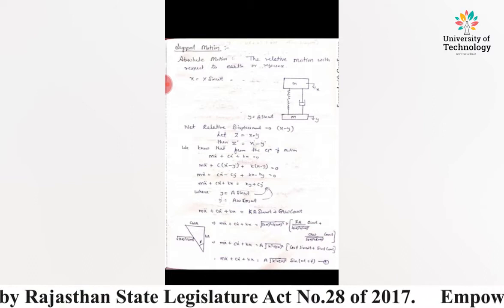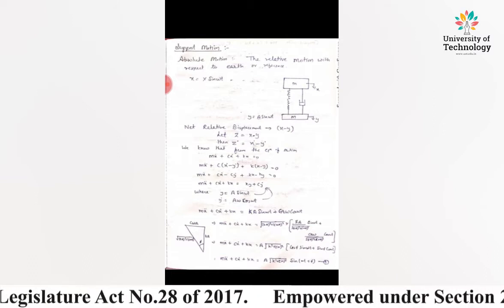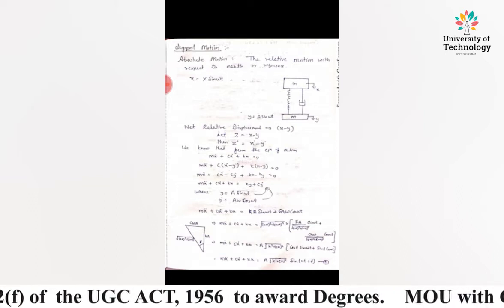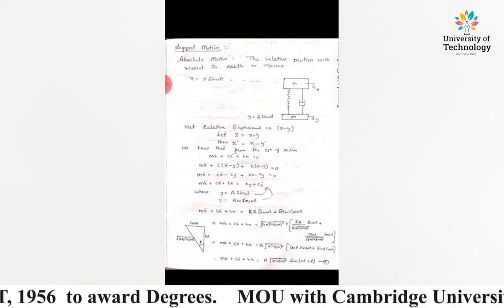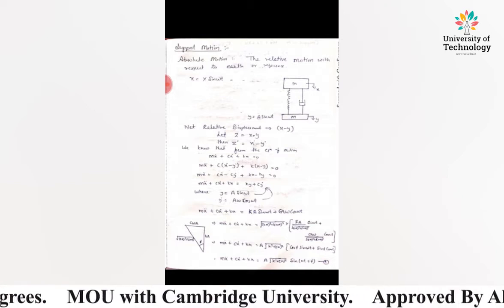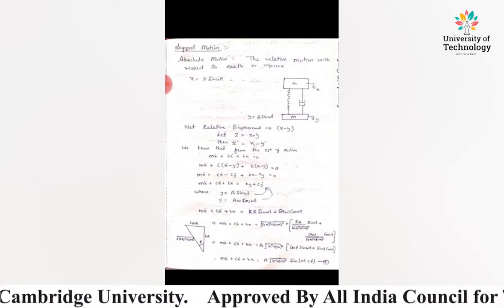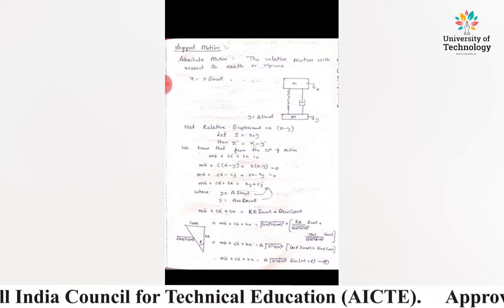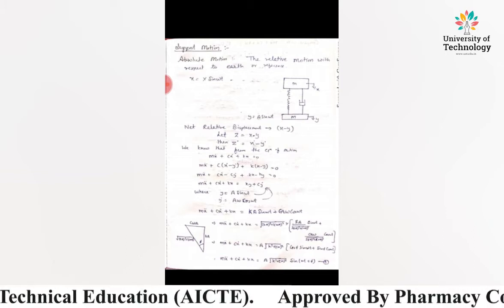If we open the bracket or multiply, then we get m x double dot plus c x dot minus c y dot plus kx minus ky is equal to 0.